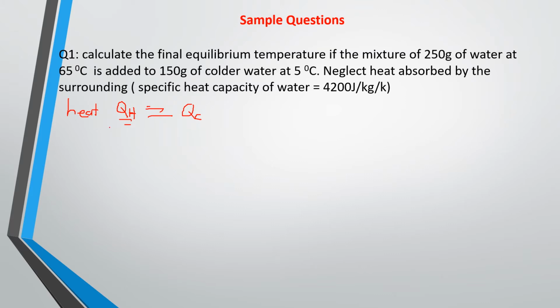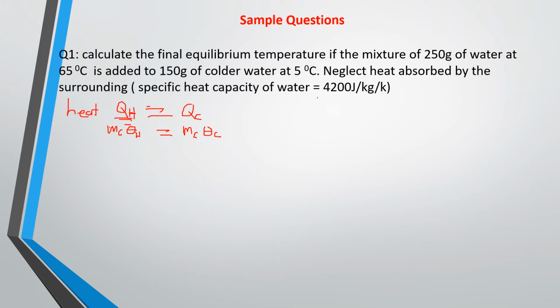So this quantity of heat is equals to mc theta for hot water is equal to mc theta for cold water. Okay, so let's have this at the back of our mind.